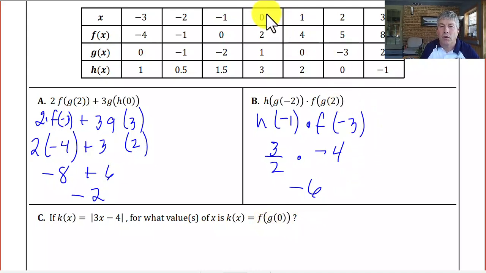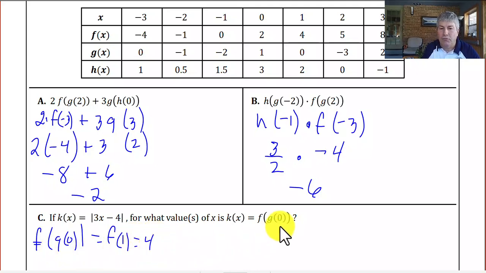So we put 0 into g, and we find the output there is 1. So we need f of g of 0 equals f of 1. So now I put 1 in, and I find that output is 4. So f of g of 0 is 4. So now k of x has to equal 4.